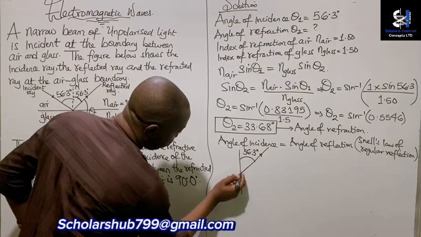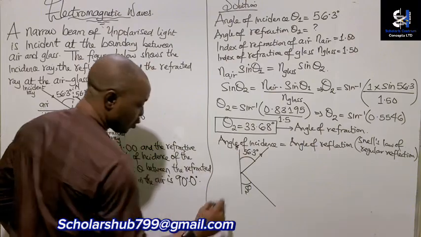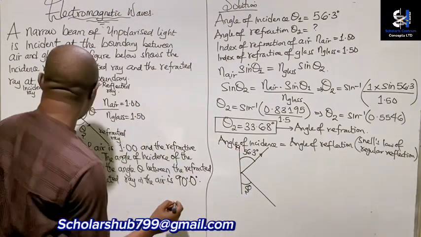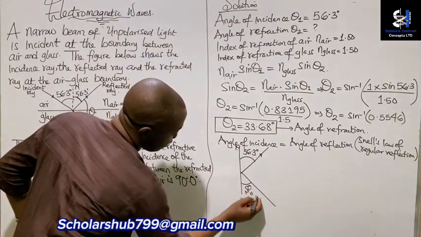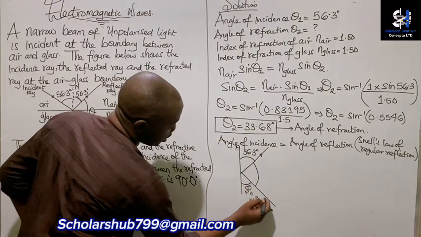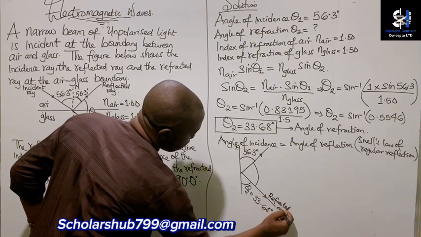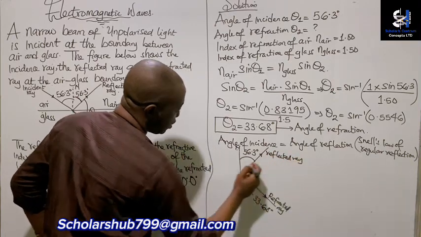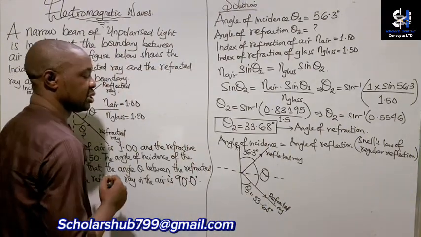Then we have the refracted ray, and the angle it makes with the normal is what we calculated to be 33.68. We are looking for the angle between the refracted ray and the reflected ray.